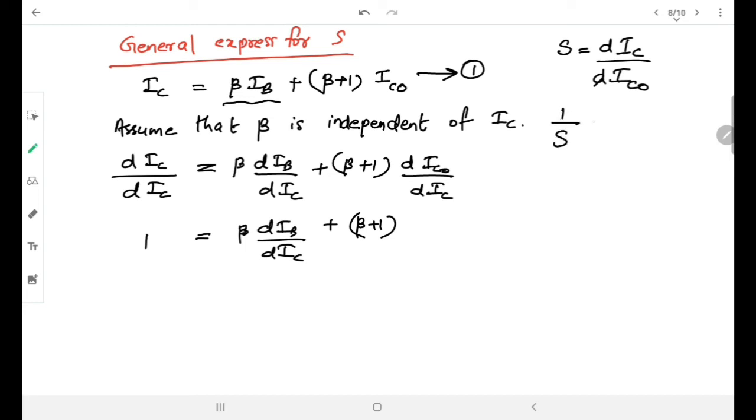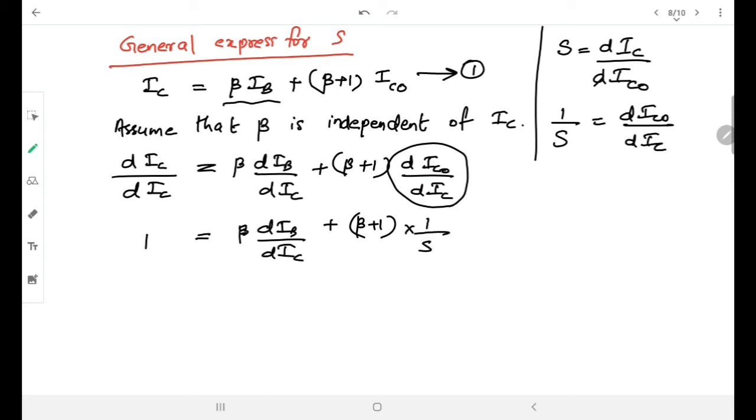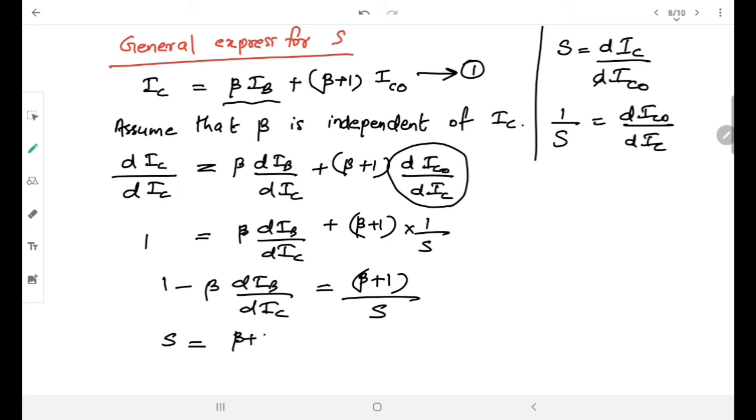So 1 by S is dICO divided by dIC, so we can put dICO by dIC as 1 by S. From that we can derive the expression for S. Rearranging, 1 minus beta dIB by dIC equals beta plus 1 divided by S. So S is equal to beta plus 1 divided by 1 minus beta dIB by dIC.